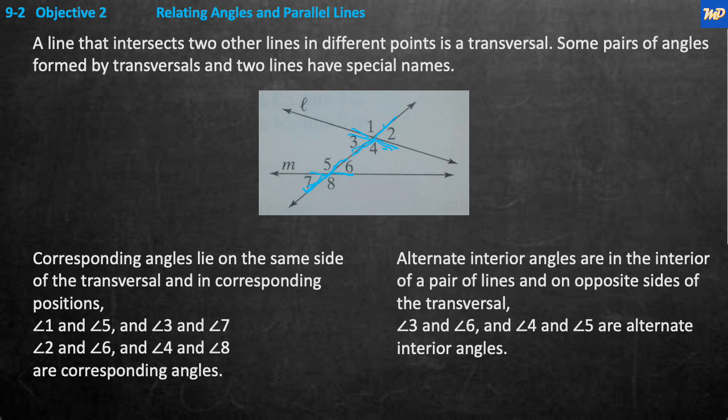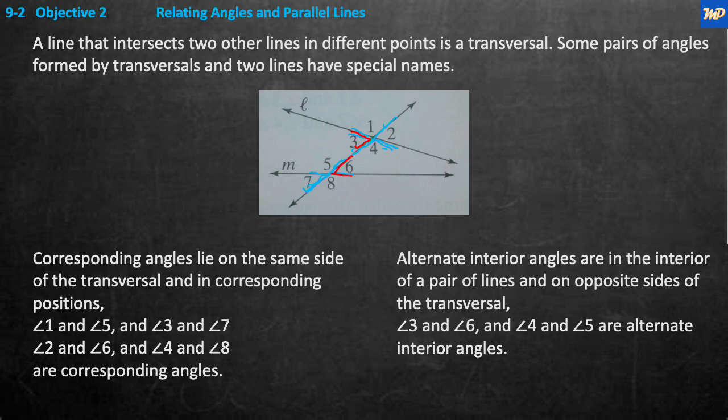Alternate interior angles, I'm going to do them in red. Alternate interior angles are angles that are between the two lines that are being intersected. It says alternate interior angles are in the interior of a pair of lines and on opposite sides of a transversal. So angle 3 and 6, here's 3, and 6.